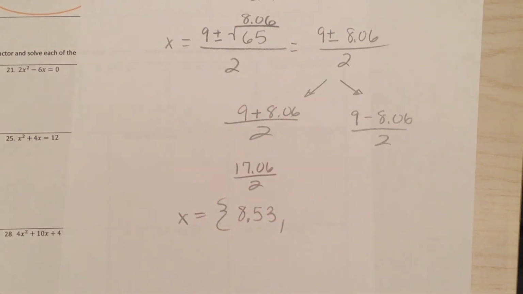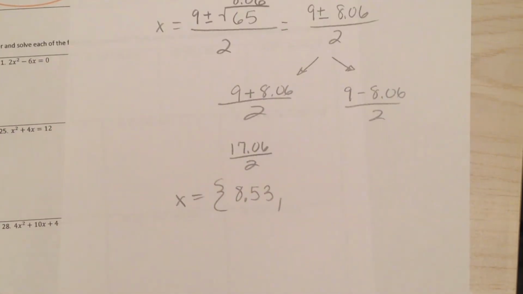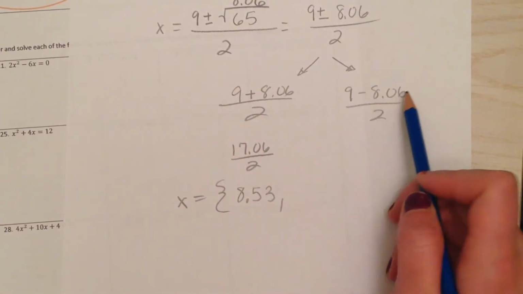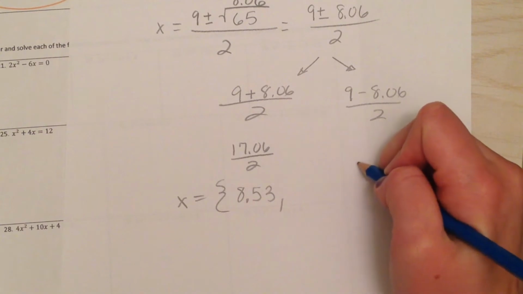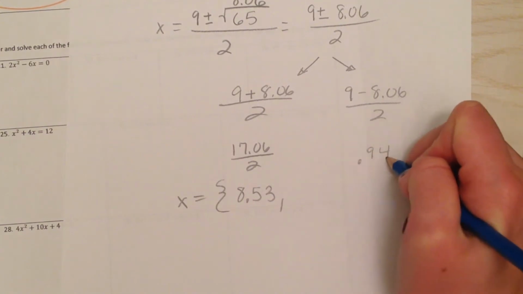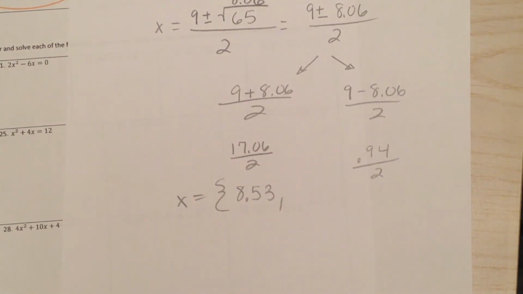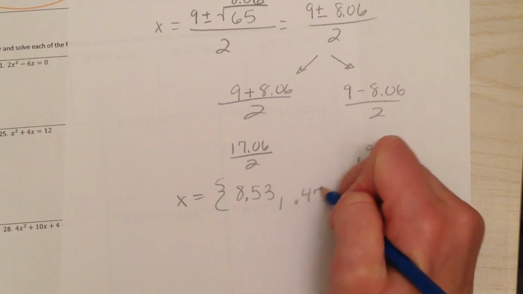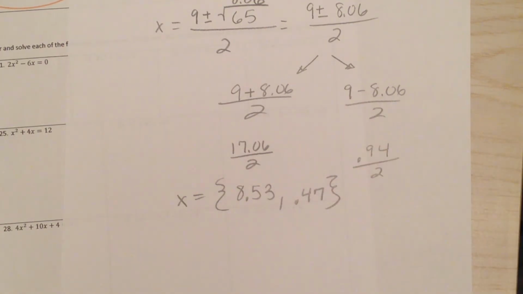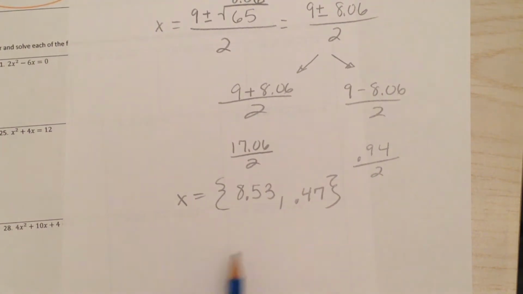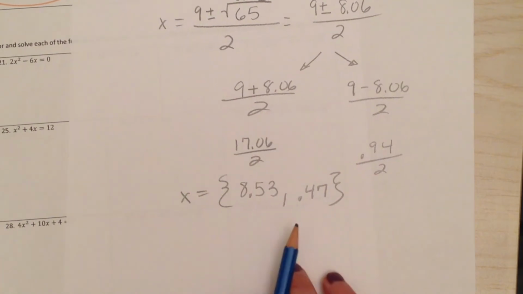Do not like the decimal way of these. Alright, let's move on to the other one. 9 minus 8.06 is just 0.94 divided by 2. So that's really 0.47. So once again, if these decimals are off from my key, follow my key for those. I had a calculator. Do not have one right now.